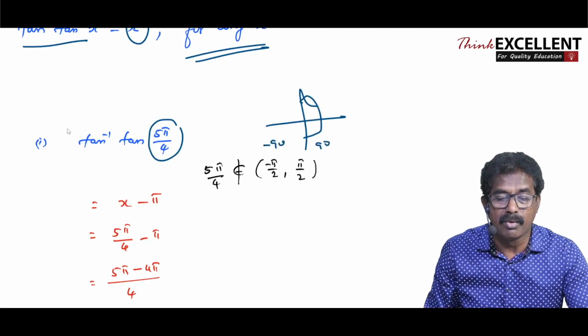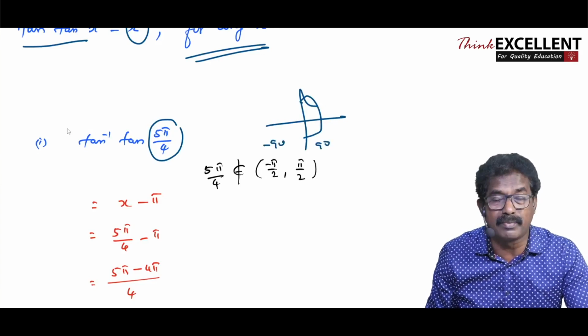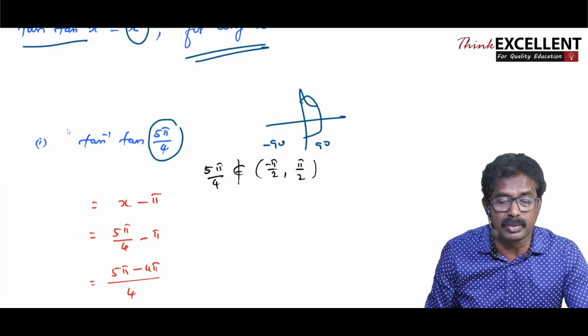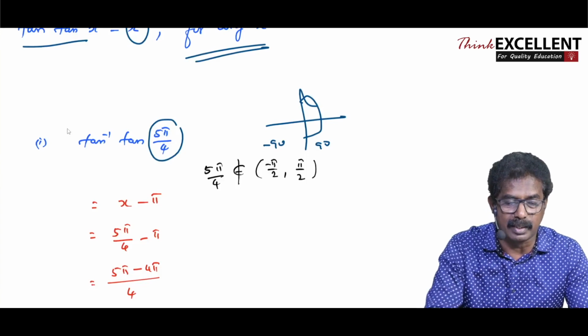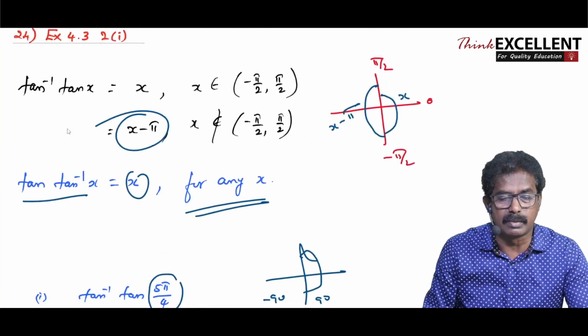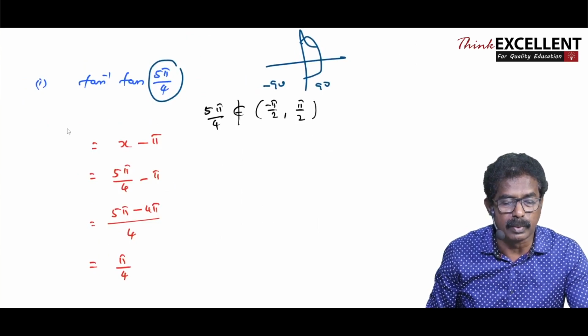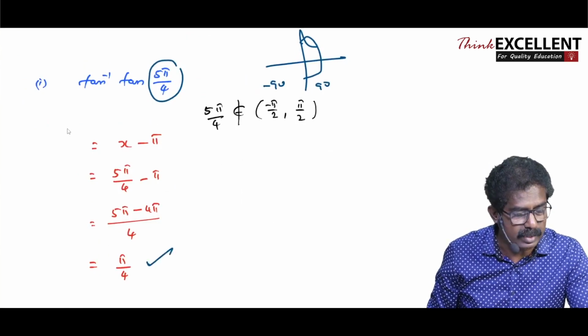But what is given? 5 pi by 4. Pi by 4 means 45, 45 into 5 is 225. It is not in that interval. So we have to use x minus pi, right? So the x value, 5 pi by 4 minus pi, you are getting pi by 4 as your answer.